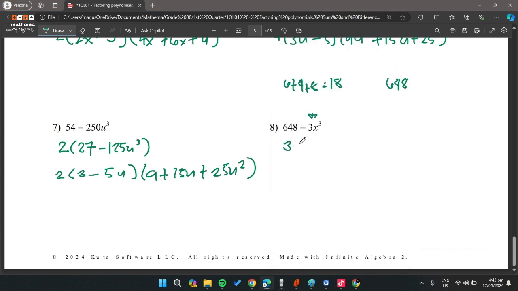So 3 and then 216 minus x cubed. And then we'll do again the difference of cubes. So the cube root of 216 is just 6, minus the cube root of x cubed, that is just x, and then times the square of 6, 36, plus 6 times x, that is just 6x, and then the square of x is x squared.